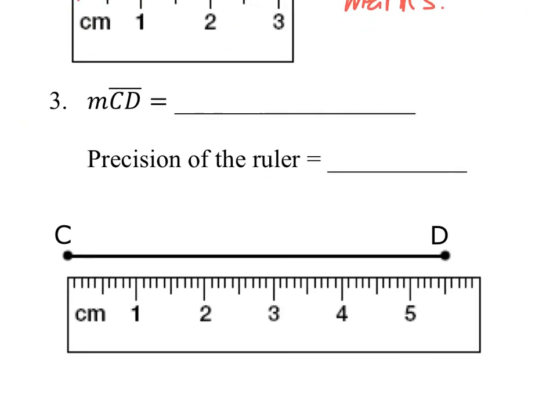You could break up an interval from integer to integer in any way that you want. So I have 1, 2, 3, 4, 5, 6, 7, 8, 9, 10. So these are millimeters. So 1/10 of a centimeter is the precision of the ruler. And so the measure of C to D would be what? 5.5.